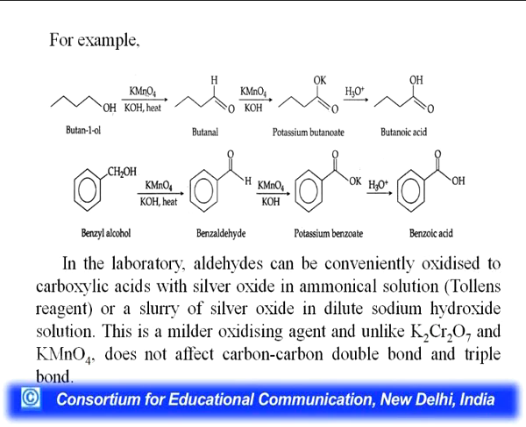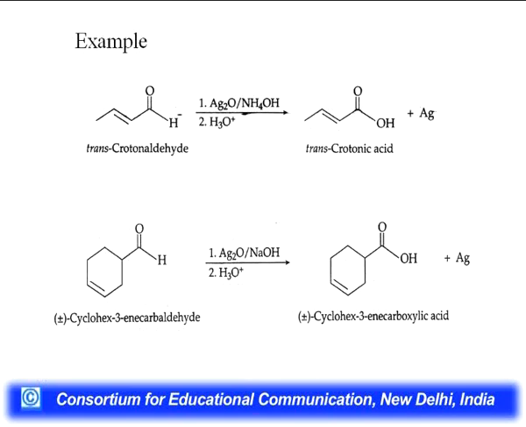This is a milder oxidizing agent, and unlike potassium dichromate and potassium permanganate, it does not affect carbon-carbon double bond and triple bond present in the initial compound. Other examples: with silver oxide and ammoniacal hydroxide, trans-crotonaldehyde will give you trans-crotonic acid, and cyclohex-3-ene carbaldehyde will give you cyclohex-3-ene carboxylic acid.